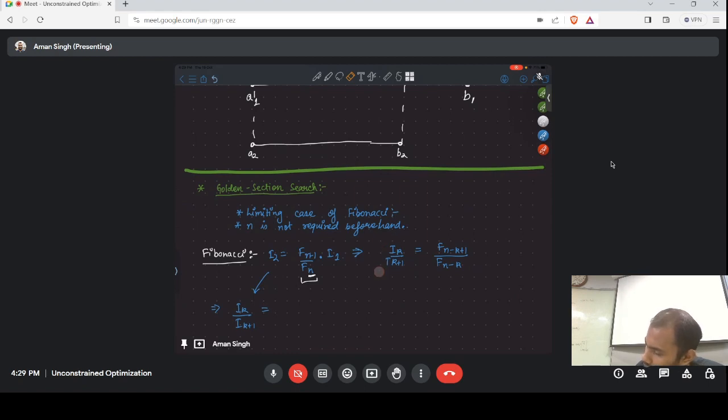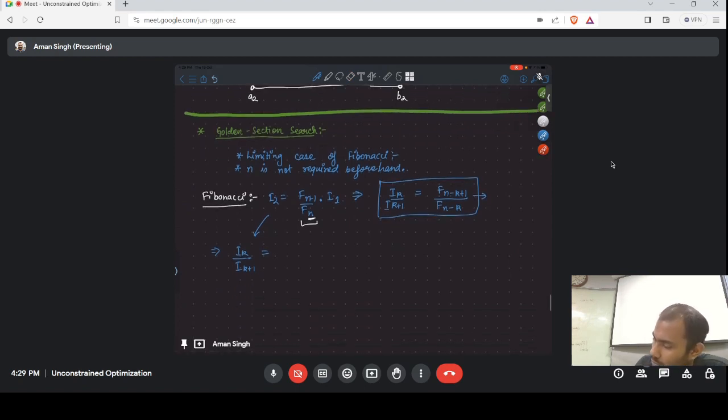So this is the relation for the Fibonacci series, and it changes with every k. So we assume it to be constant in golden section.